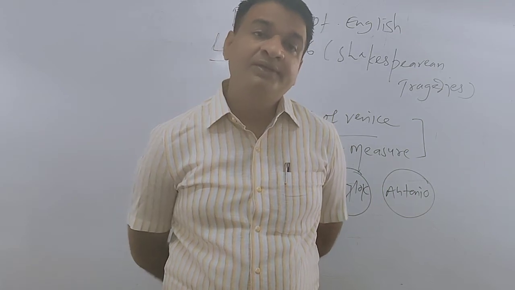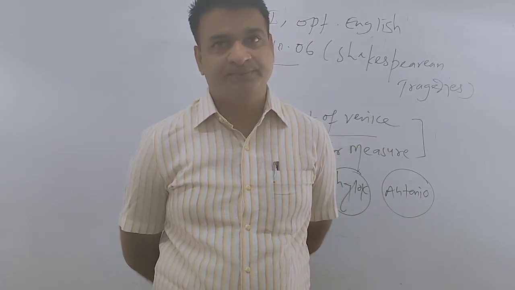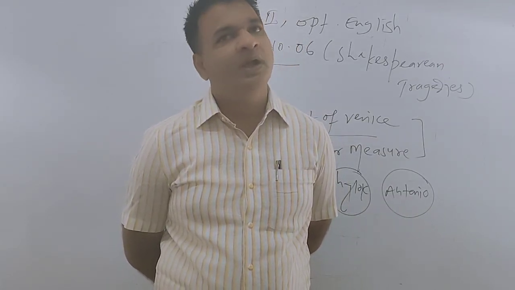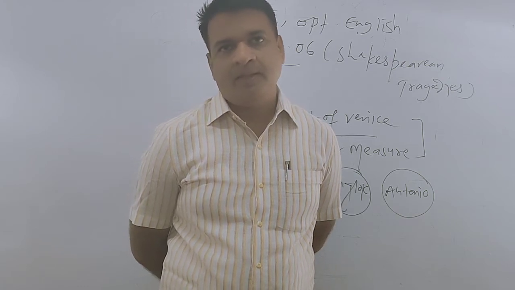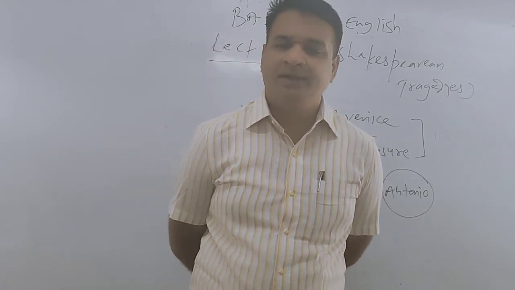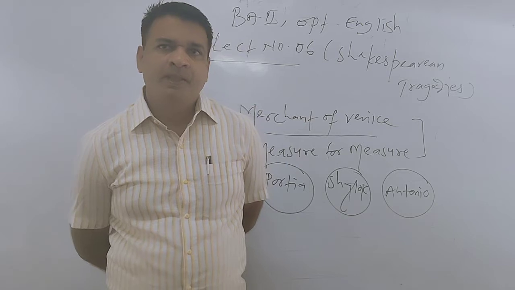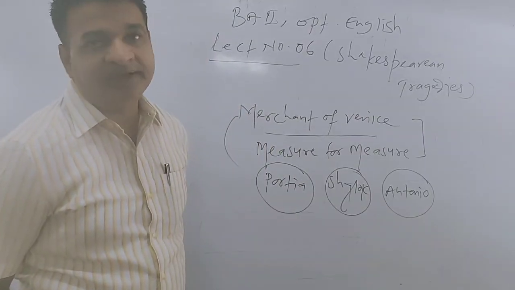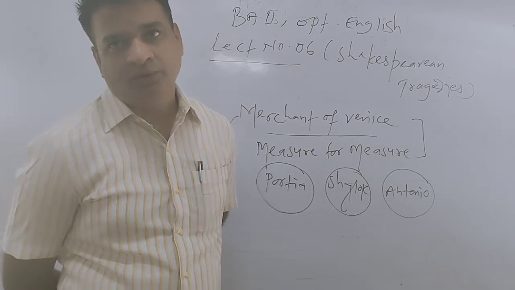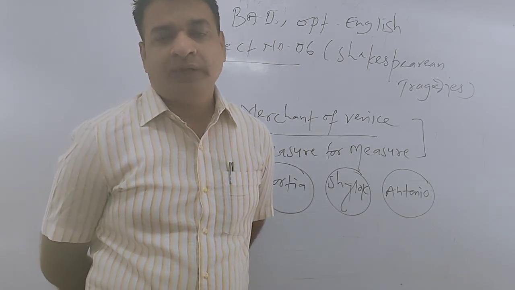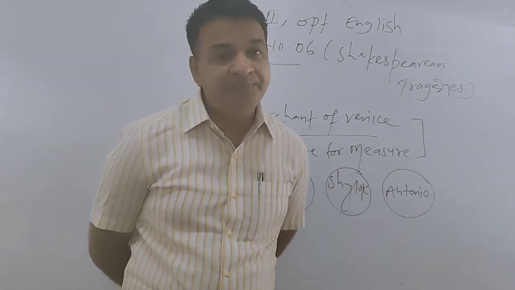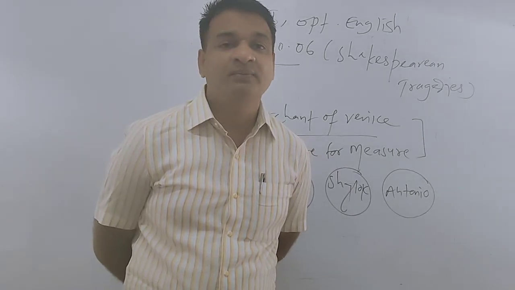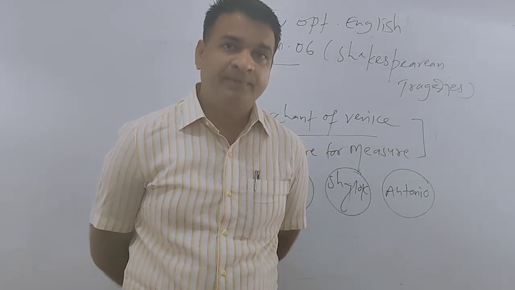So Antonio agrees to his terms and conditions. And as per the plan, his boats, luggage or goods couldn't return to the shore. So Shylock became happy because he has the time to take revenge on Antonio.